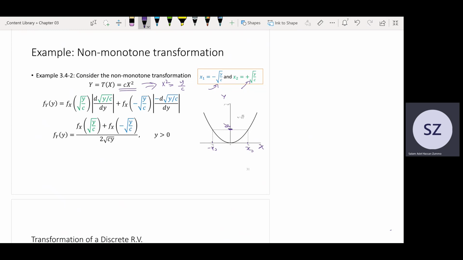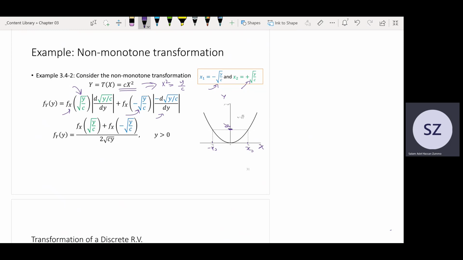So in this case, fy will be fx evaluated at the first zero, multiplied by the derivative of the inverse function, which is dx over dy, absolute value, plus fx evaluated at the second zero multiplied by the derivative of the second zero.